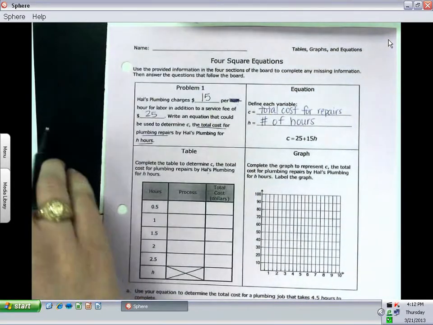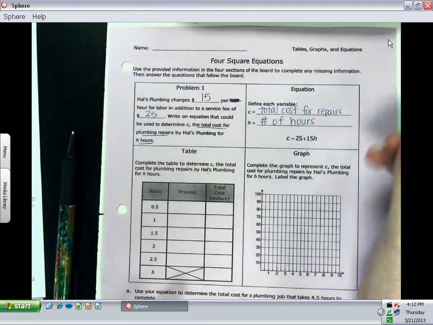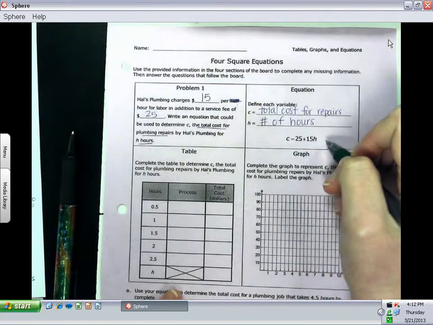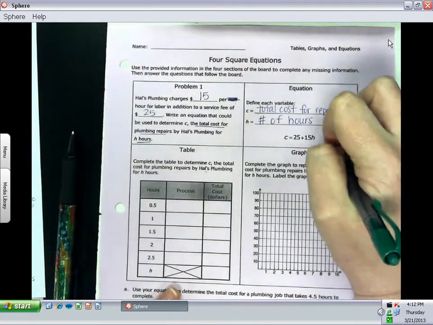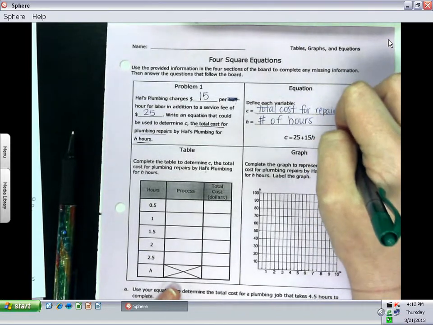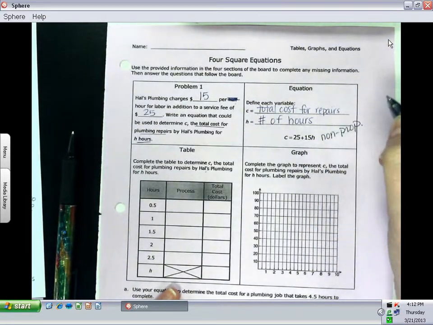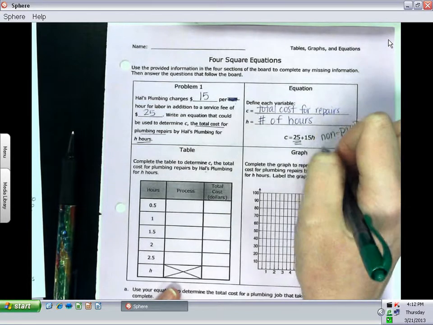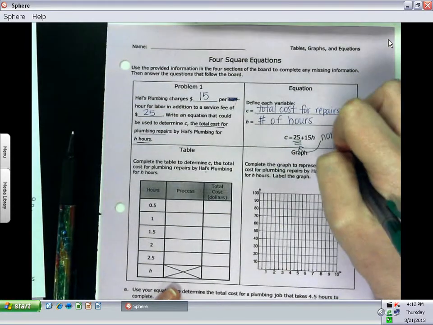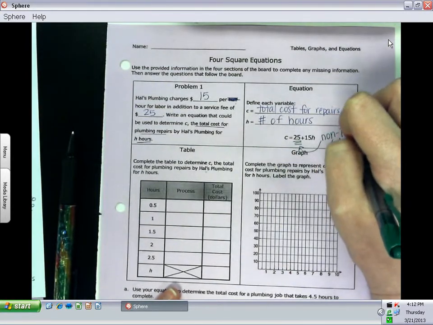Now when I look at this equation, I want to determine if this is proportional or non-proportional. I know this is non-proportional, so write that down, and you can abbreviate. And the reason I know it's non-proportional is because there's a number added to it.